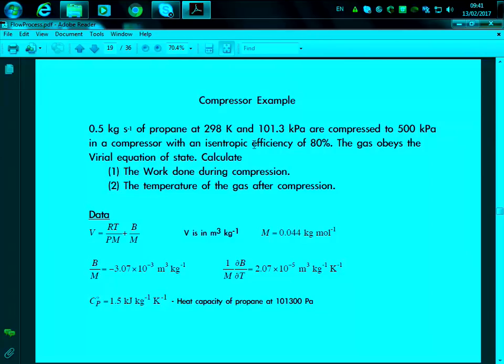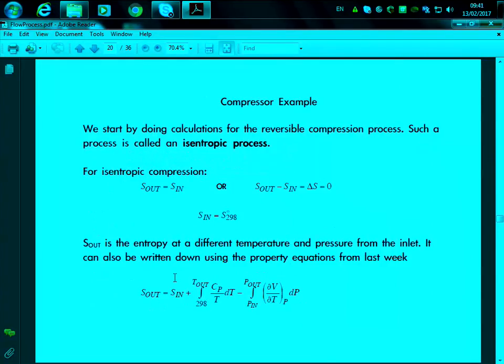We can use the same property equations that we saw last week. So this is just going back to the property equation. Here we have delta S equals the changes of temperature and the changes of pressure, how the entropy is affected by this type of fluid properties, right?